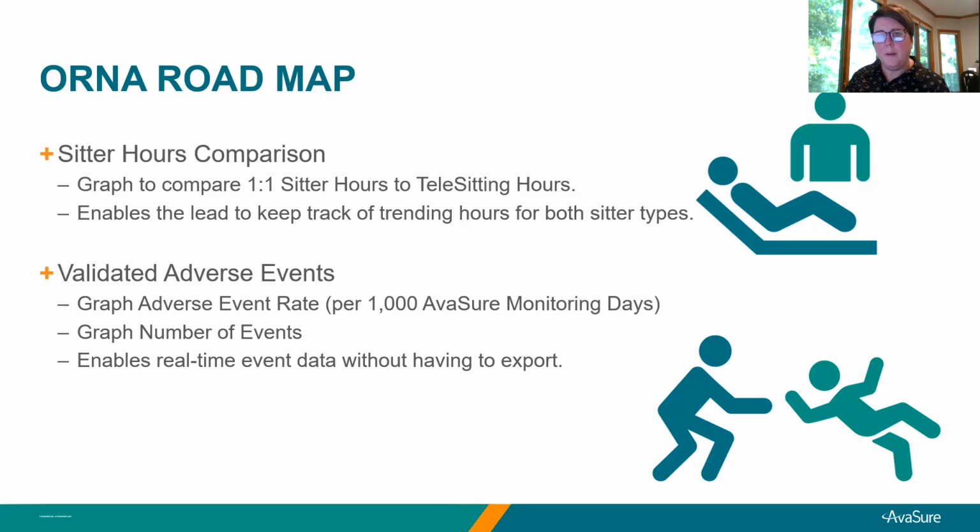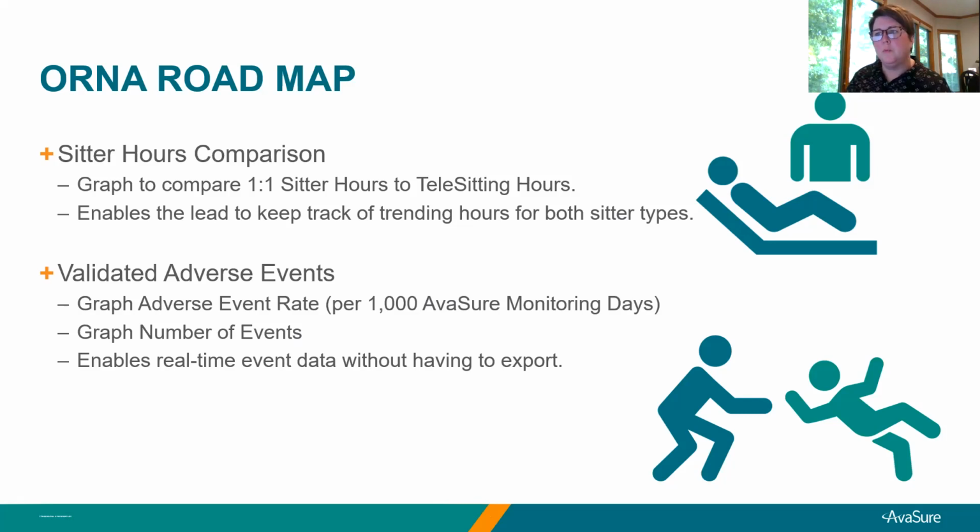We talked a little bit about the adverse events prevented graphs that are already in ORNA, but many people are wondering, where are my adverse event graphs? In order to be able to graph those in ORNA, we need to make sure that we have true, positive, clean adverse event data.